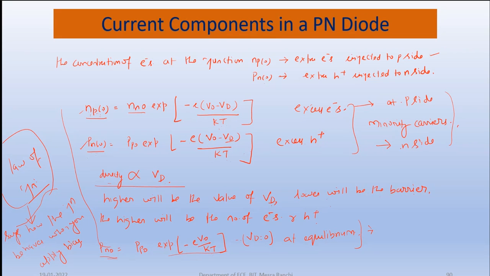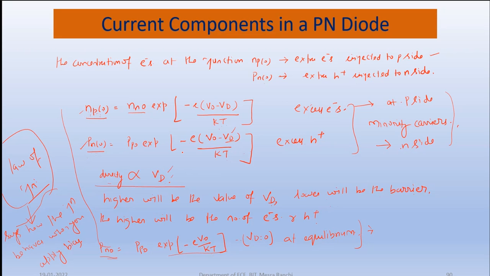As you can see, this excess concentration is directly proportional to the applied bias VD. So as you increase the bias, more charge carriers will be able to reach the other side, because the barrier potential will get lowered, and this concentration will increase.